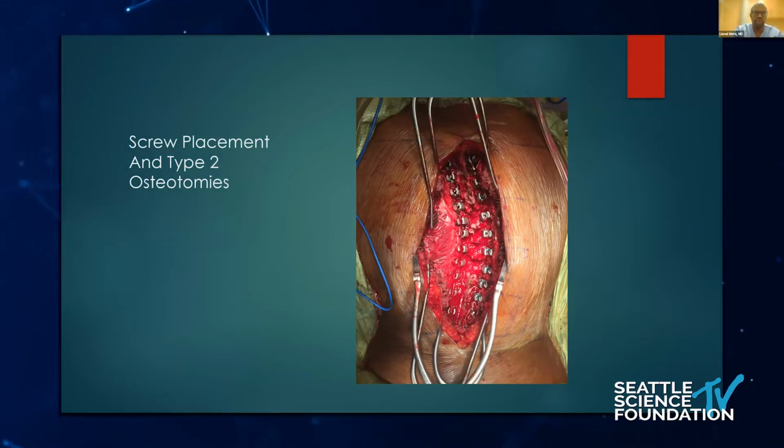So this helps both with derotation as well as induction of kyphosis. And in my mind is really indispensable for achieving our sagittal plane goals in hypokyphotic scoliosis.